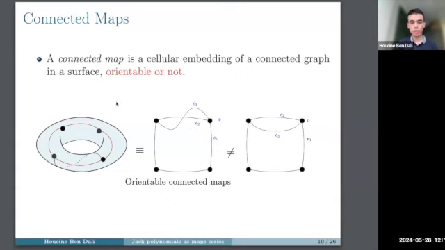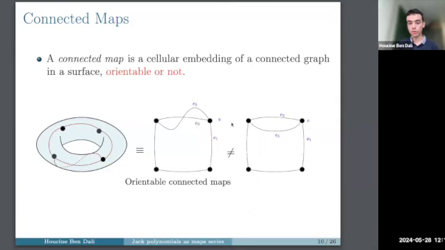And Maciek in the first lecture explained that we can also think of maps as graphs with a cyclic orientation around vertices. What does this mean? We can draw this map without the underlying surface, just on the plane, as a graph, but this graph has a cyclic orientation around each vertex.